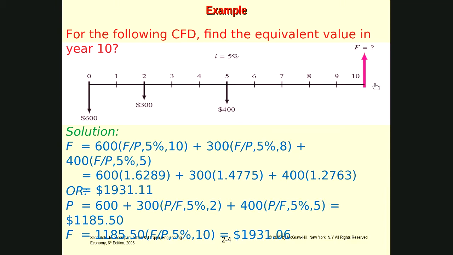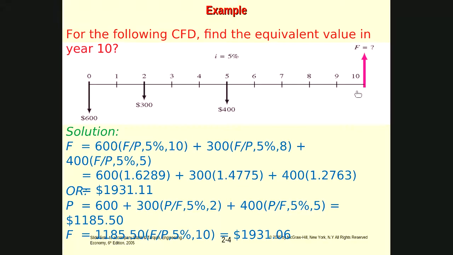So what we do is convert each one of them to year 10 to find the value at year 10. Remember from the first lecture, the value of the Riyal 50 years ago compared to now, we all agreed that it is different.